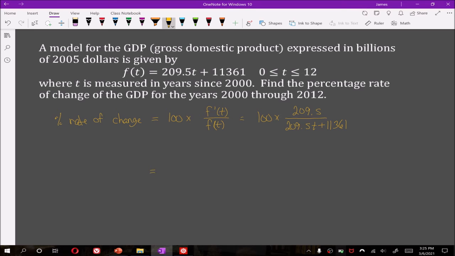Multiplying that by 100, 20,950 divided by 209.5t plus 11,361. So this would be our percentage rate of change as a function of t.